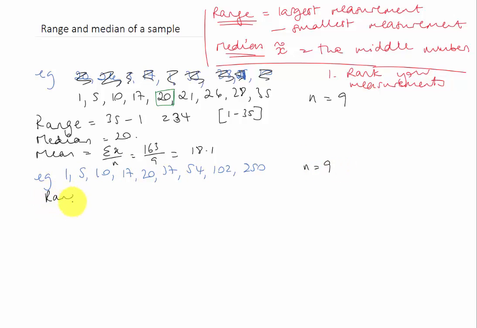The range here, though, is much larger: 250 minus 1, or 249. The median, again, has to have 4 numbers smaller and 4 numbers larger, so the median is the same for these two samples.